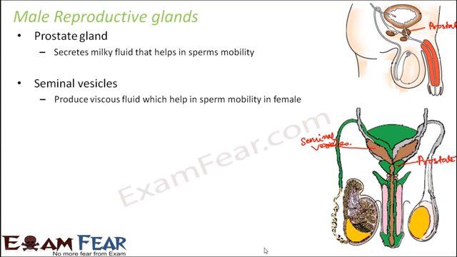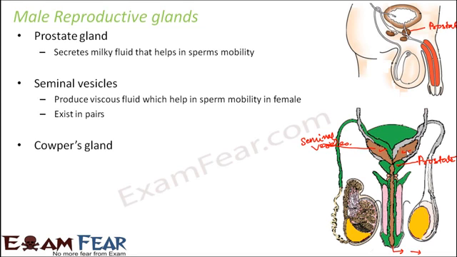The sperms will move out of the penis, and then move inside the body of the female. So even the sperm has to have that mobility inside the female's body. That mobility is provided by this viscous fluid which is secreted by the seminal vesicles. The seminal vesicles also exist in pairs. Here you can see this is one and this is another one. So they exist in pairs.